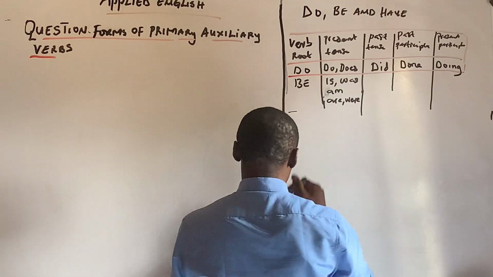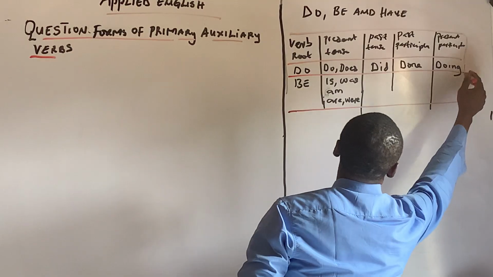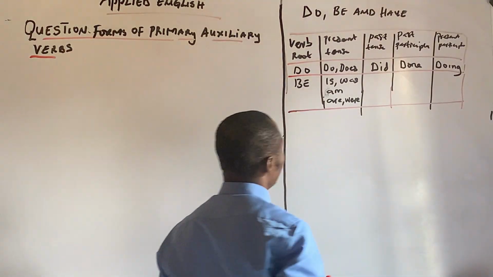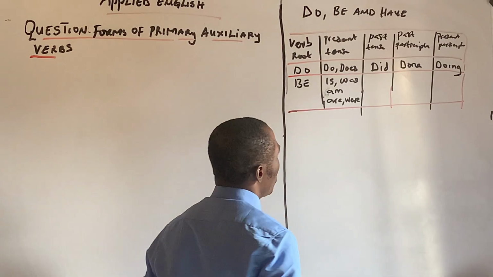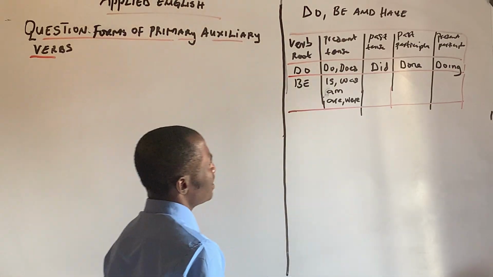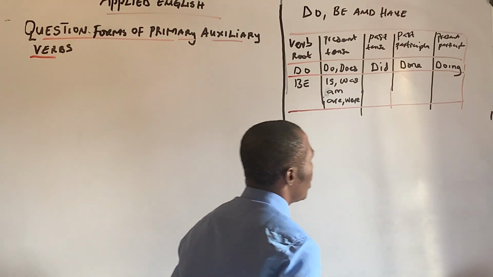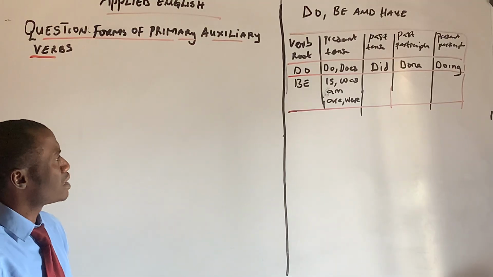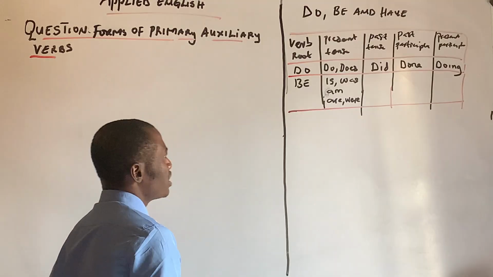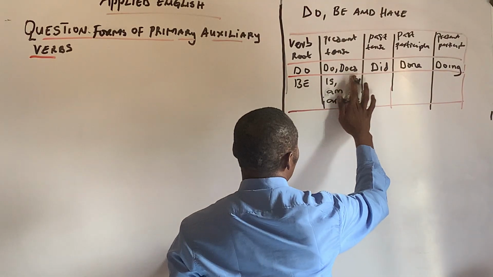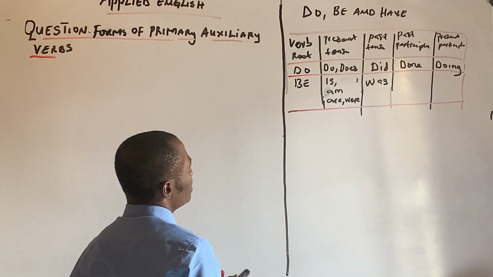So having known that, we'll look for the past tense of be, and the past participle of be. What's the past tense of is? The past tense of is is was. So I'm going to take this was to the other side. What's the past tense of are?